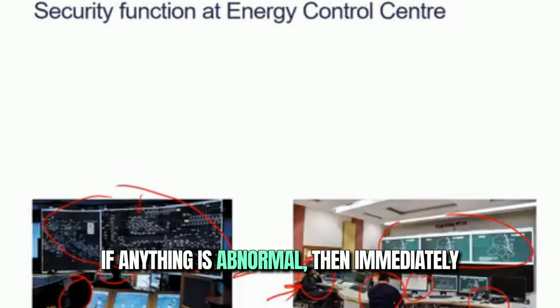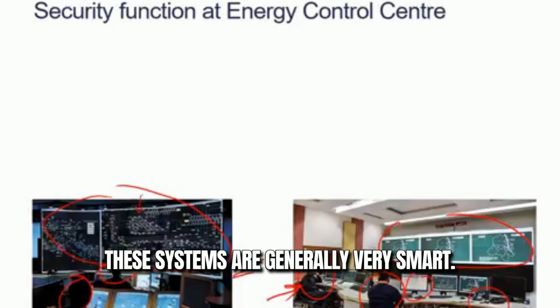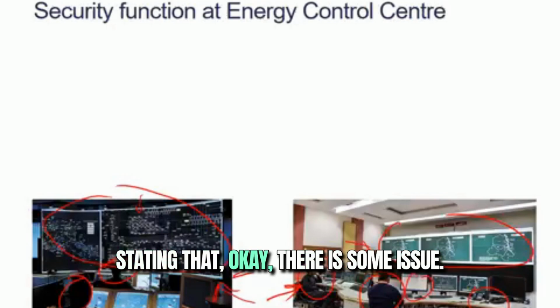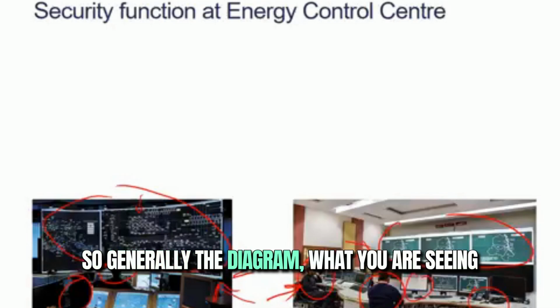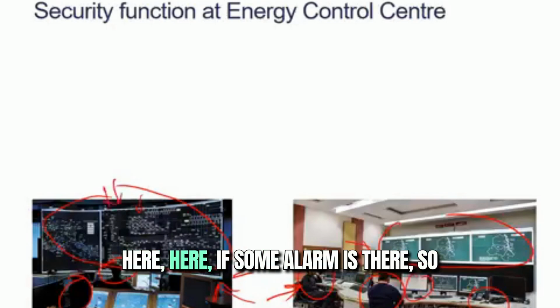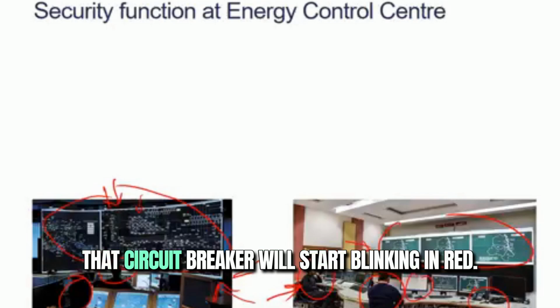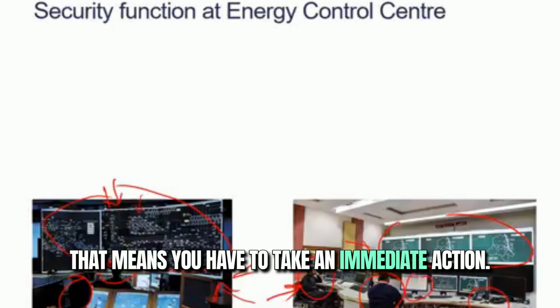If anything is abnormal, these systems are generally very smart, they immediately switch on an alarm stating that there is some issue. So in the diagram you're seeing here, if some alarm is there, then that line or that bus bar or that circuit breaker will start blinking in red. That means you have to take an immediate action.